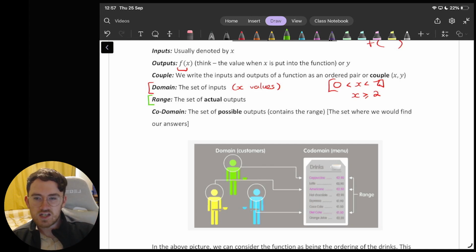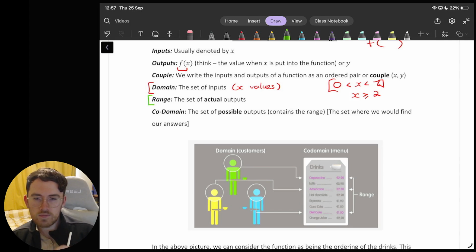So range here, in terms of my functions, is the set of actual outputs. It's the outputs that I reach. So what is within the range of my function? What is my function going to be able to reach here? And that's dependent on the inputs that I put in. So the range is, as a result of these inputs, what are my outputs? It's the set of outputs that I get.